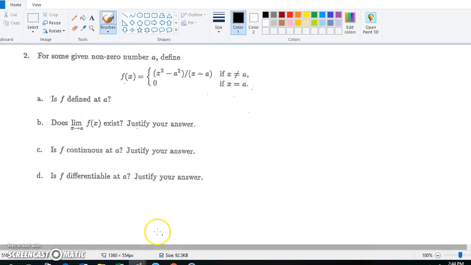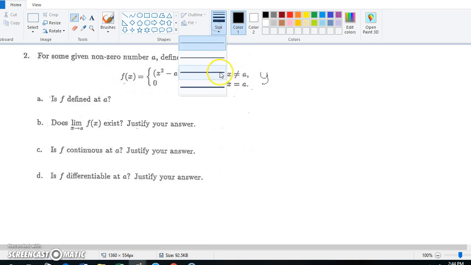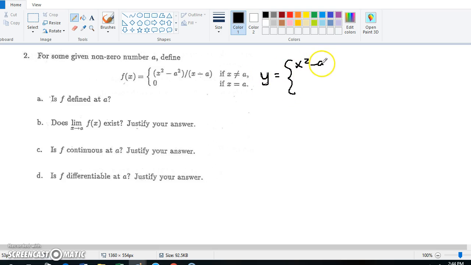All right, let's keep going with the homework here. Okay, for this question, we're given a piecewise function. I'm going to rewrite that piecewise function as x squared minus a squared over x minus a when x does not equal a, and 0 when x does equal a.